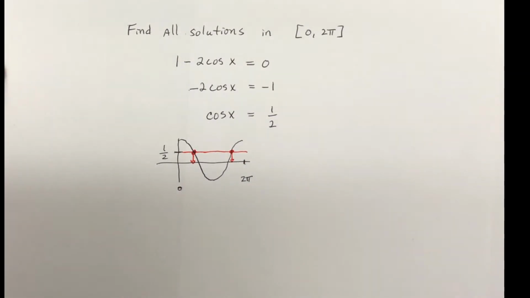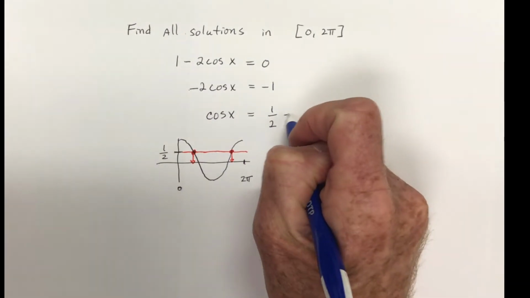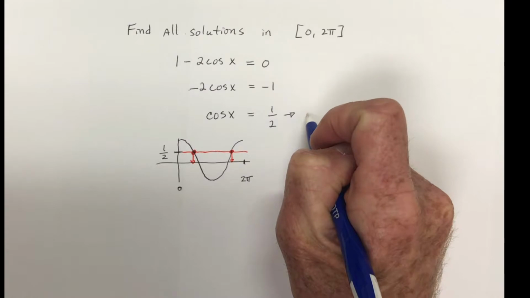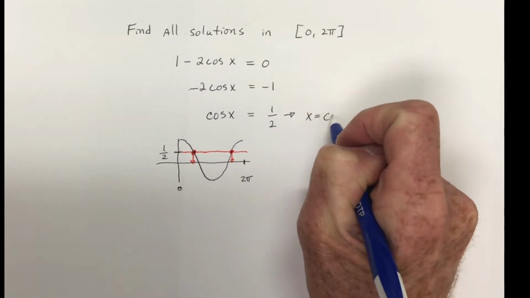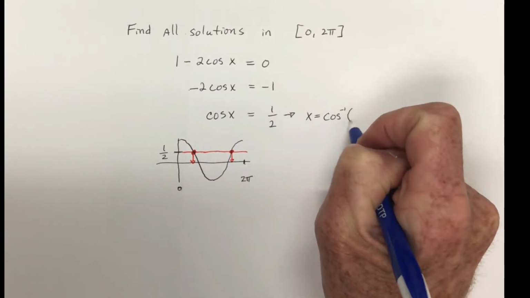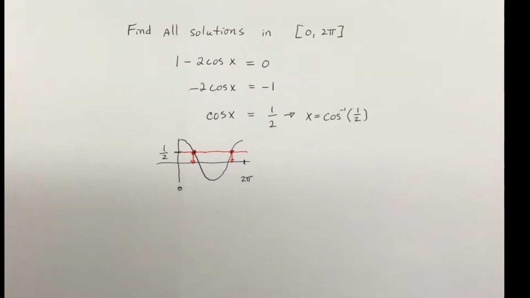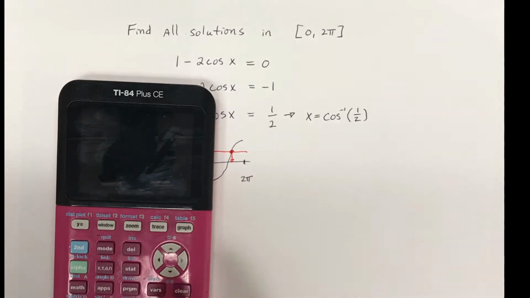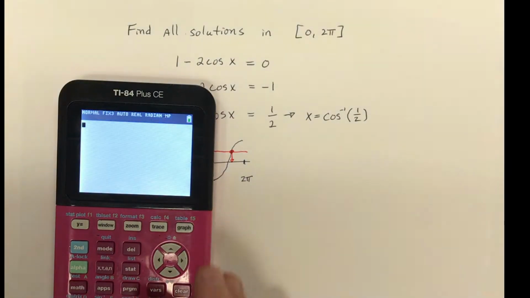In order to get the first answer, you can use the calculator. And so from this line right here, take cosine inverse of both sides, and x equals cosine inverse of a half is going to be the first solution. So use a calculator, and cosine inverse of 1/2 is equal to the decimal 1.047.